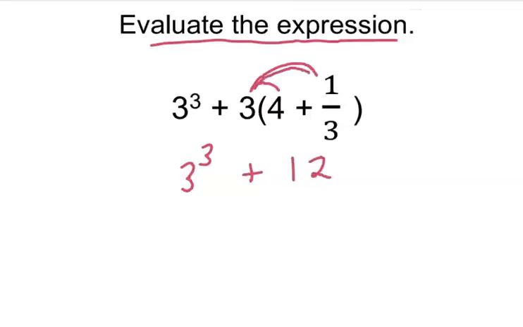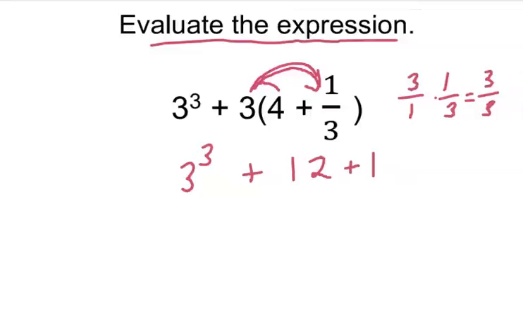And then 3 times 1/3, well, remember, that would be 3 over 1 times 1 over 3. That's going to end up being 3 over 3, which is just 1, right? So it's going to be 12 plus 1. Well, that's made life really easy, right? Just by using the distributive property, we have very easy numbers to work with.